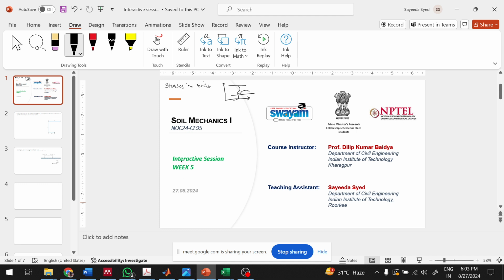So in week 6, you have studied the shear stress in soil, but it's only a very small part of this whole. This is a huge chapter. This is a huge portion of soil mechanics, a very important portion of soil mechanics. And what has been covered in week 6 is only a small part of it.